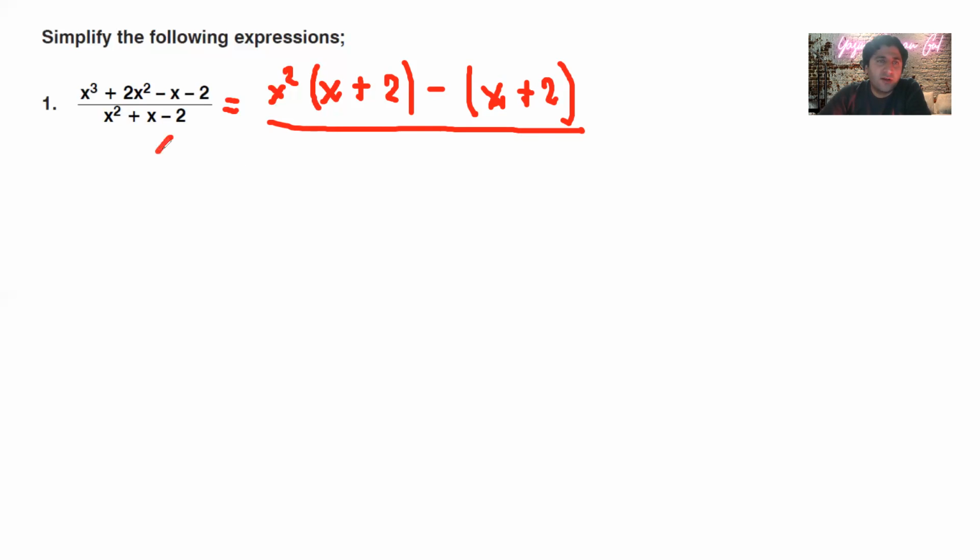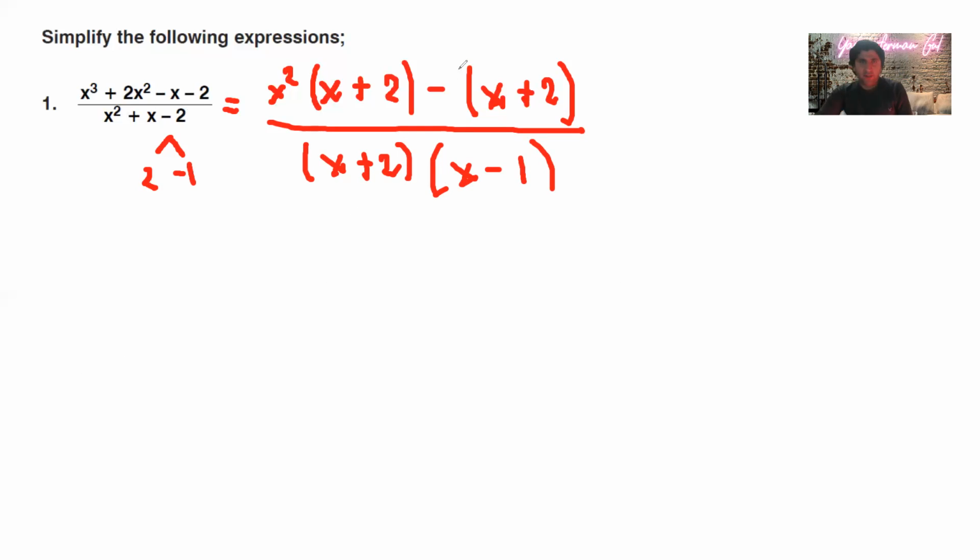If I use 2 and negative 1, will they help me? Yes, 2 times negative 1 will be negative 2, 2 plus negative 1 will be 1. So it does help. Then how do we write it? We're going to say x plus 2 times x minus 1.